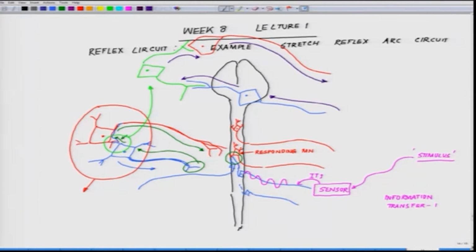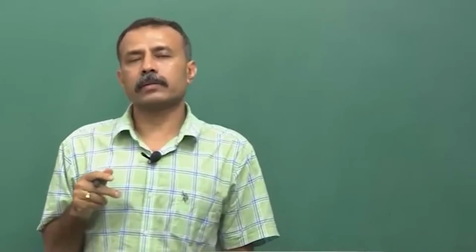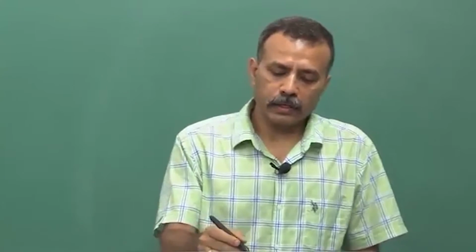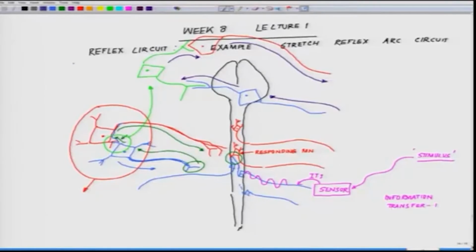If it is interfaced by another neuron, which is an interneuron, this connectivity is termed a polysynaptic reflex. Whereas in the first case, where it is in direct contact, this is called a monosynaptic reflex.